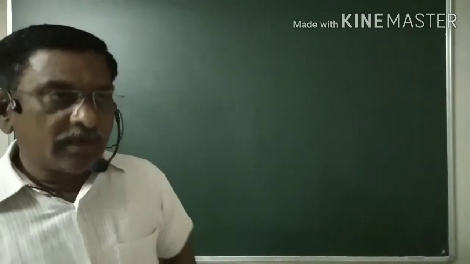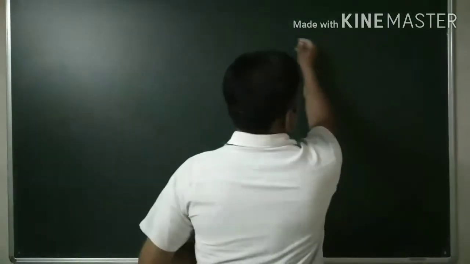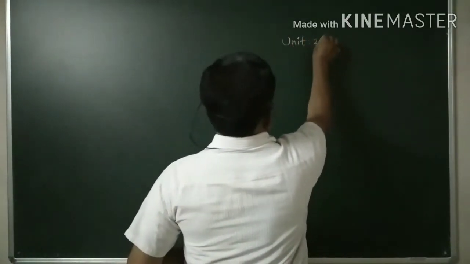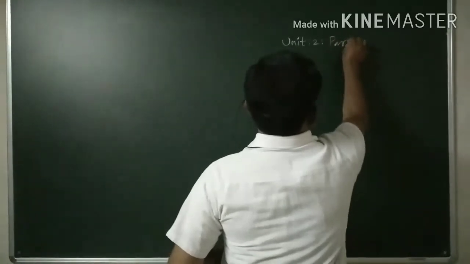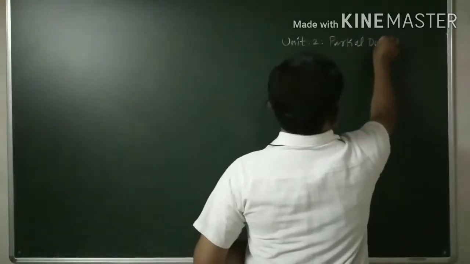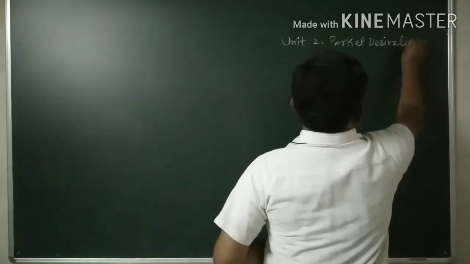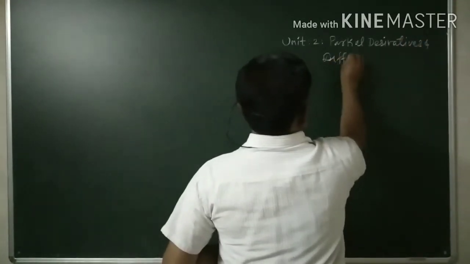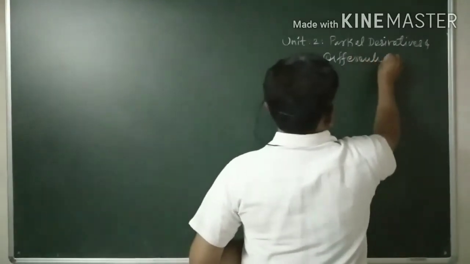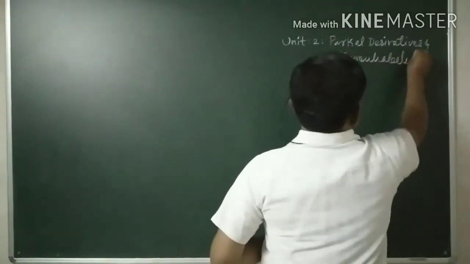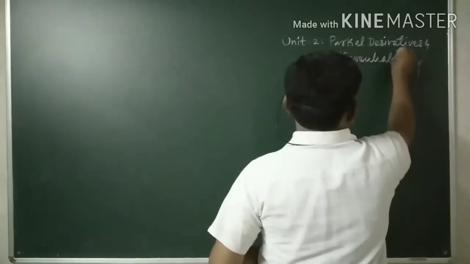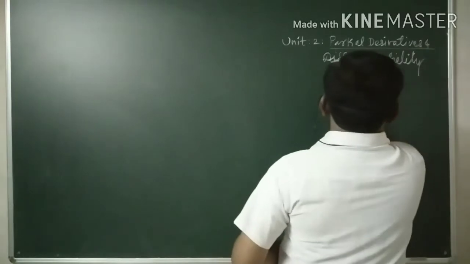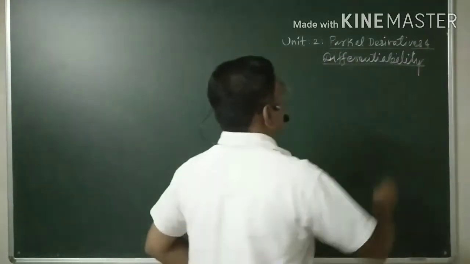And unit number 2 is nothing but unit 2, partial derivatives and differentiability. Partial derivatives and differentiability. Okay.